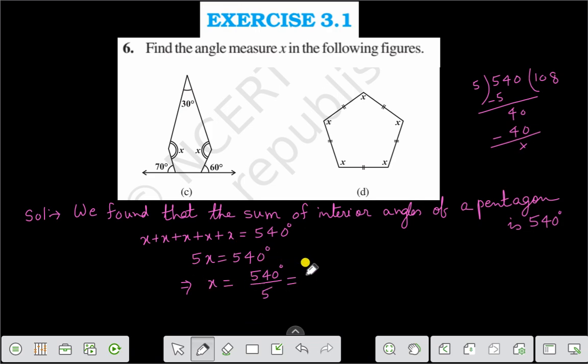Therefore, the value of x is equal to 108 degree.